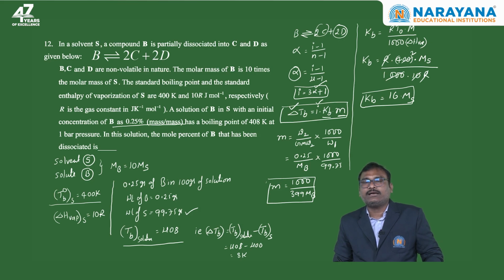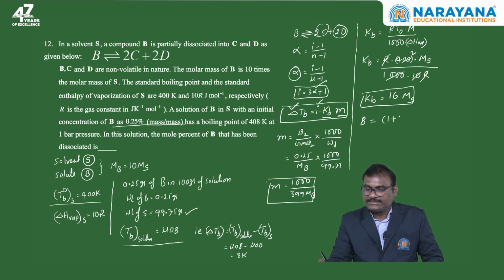So, you got the Kb value, you got the molality value also. After substituting all these values, delta Tb is equal to i into Kb into molality, where i is equal to 1 plus 3 alpha, Kb is 16 into molecular weight of the solvent into 1000 by 399 into molecular weight of the solute.